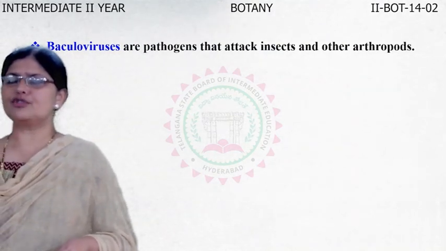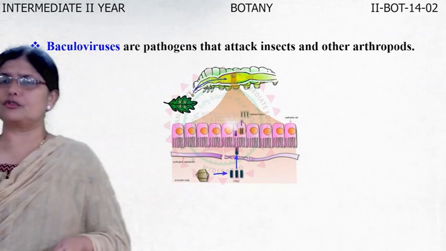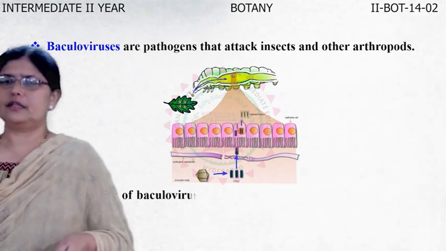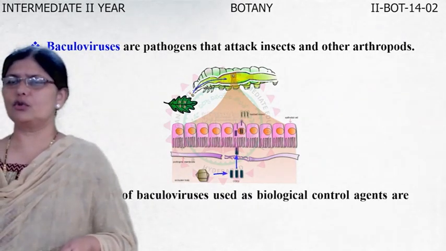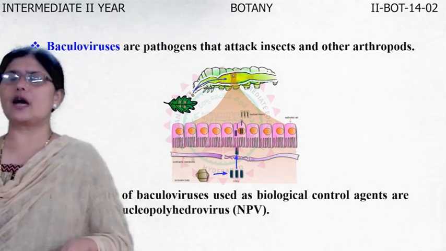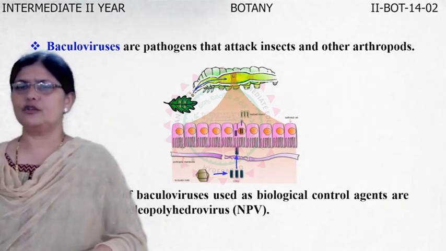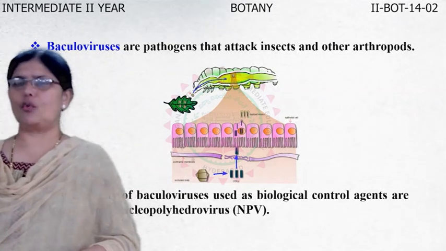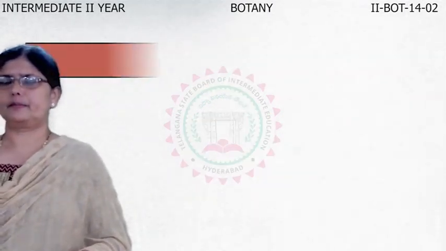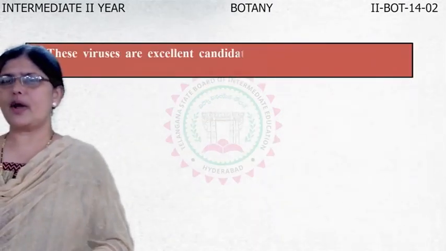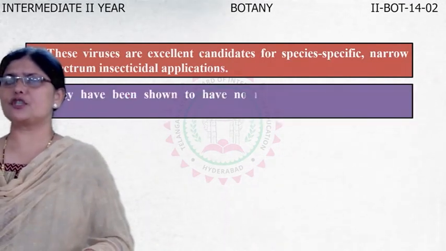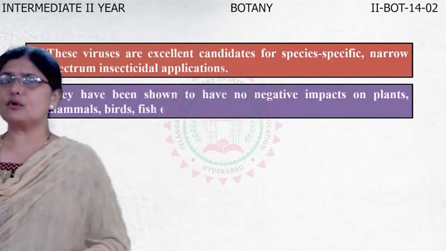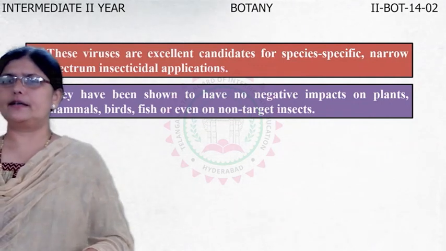Baculoviruses are pathogens that attack insects and other arthropods. The majority of baculoviruses used as biological control agents are in the genus Nucleopolyhedrovirus. These viruses are excellent candidates for species-specific, narrow-spectrum insecticidal applications.